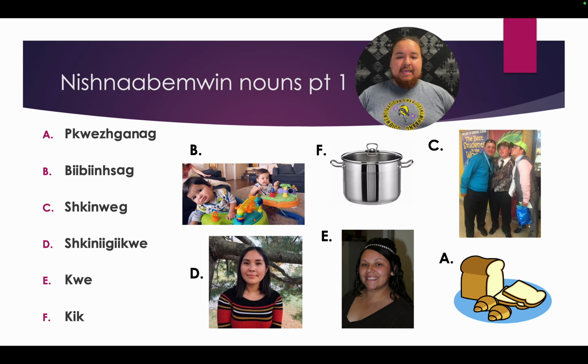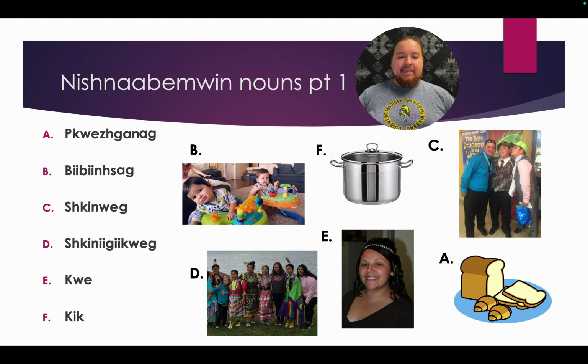Next, shkinigikwe also doesn't have a suffix connector, but ends with a vowel sound. So we've got to do what we did to the last one there and just add a G sound. So shkinigikwe becomes shkinigikweg. Next one, kwe has a lowercase w suffix connector. So when we add that AG sound, we have to include the W sound.